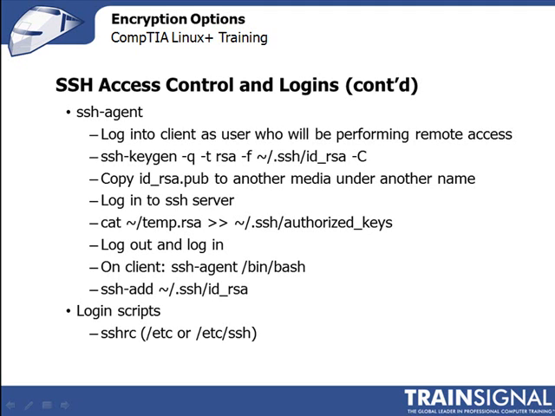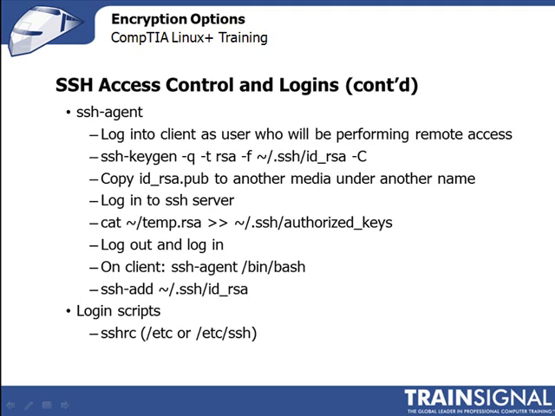Then again you copy that file id_rsa.pub to another name somewhere that we can get to it quickly. Then you log into the SSH server. Then you're going to use the cat command with the redirector again to transfer the file.